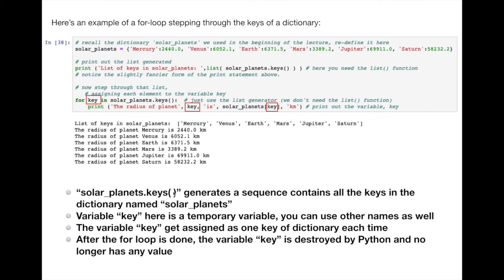The variable key gets assigned as one key of the dictionary each time in the for loop, and you can use the key variable just as a normal variable, whatever code you use to do the processing. And after the for loop is done, the variable key will be destroyed by Python and is no longer accessible. So after this line of code, if you try to print out key, the system will tell you it's not defined. All right.